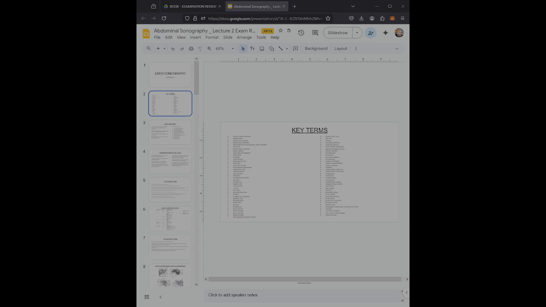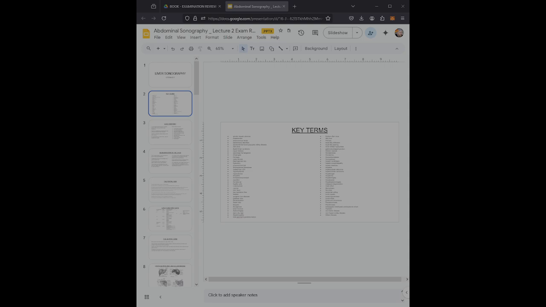The Epstein-Barr virus, a virus that is responsible for mononucleosis and other potential complications. Fatty liver, this is a reversible disease characterized by deposits of fat within hepatocytes, and we refer to it as hepatic steatosis. Fibrosis, this is the formation of excessive fibrous tissue or the development of scar tissue within an organ.